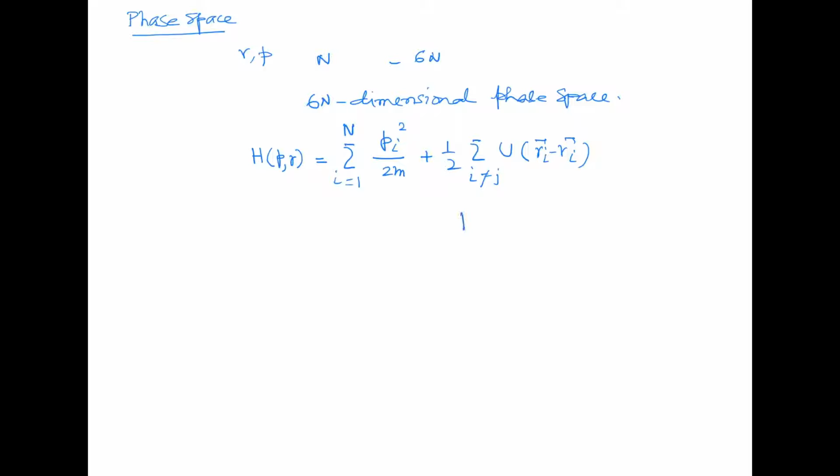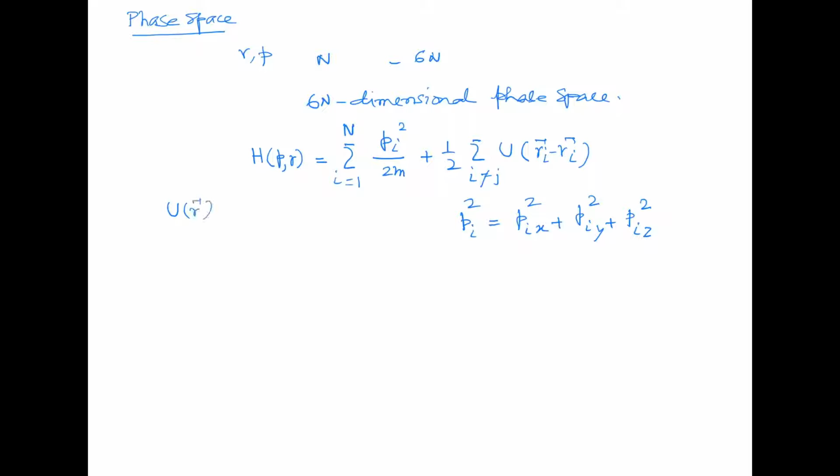One should understand that pi for the ith particle will have 3 components: pi x component, pi y component, and pi z component, so that pi square will be pix square plus piy square plus piz square.